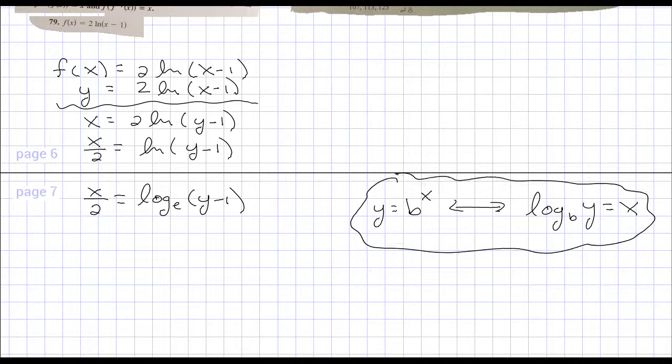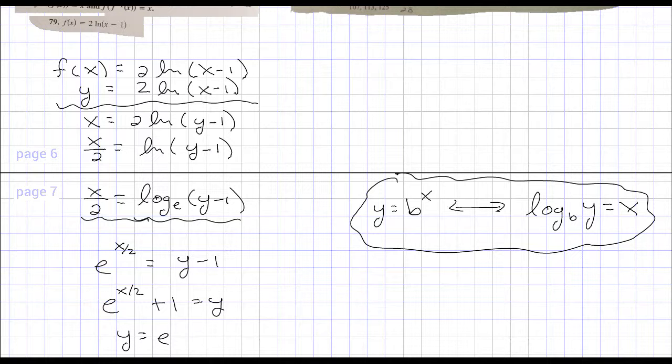So I'm going to use this to convert the whole equation. That means e to the power of x over 2 is equal to y minus 1. Add the 1 to the other side. And I like my y on the left, so y equals e to the x over 2, and then plus 1.